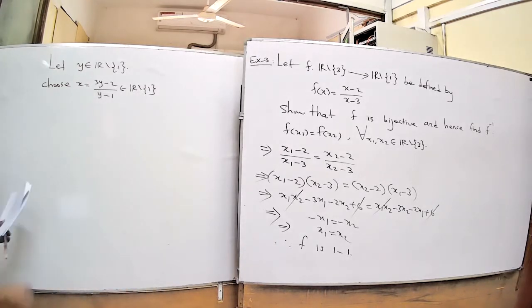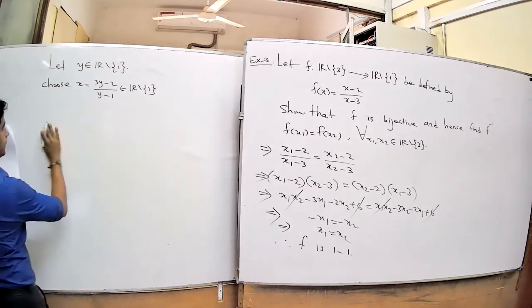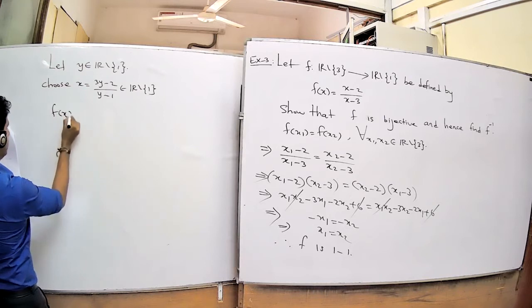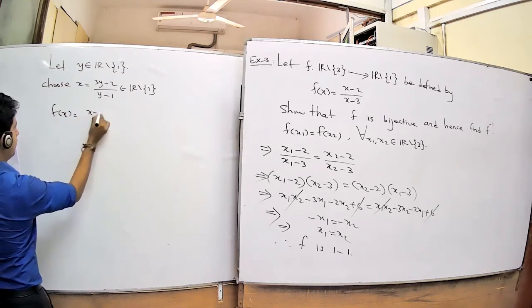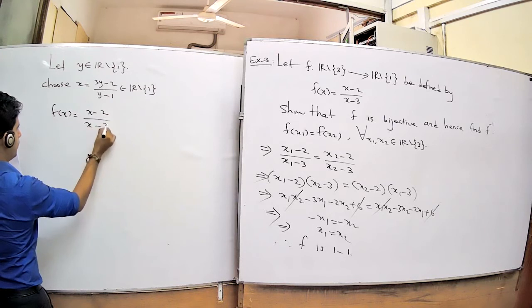Now you want to show that f of x equals y. You take f of x equal to the formula (x minus 2) over (x minus 3).